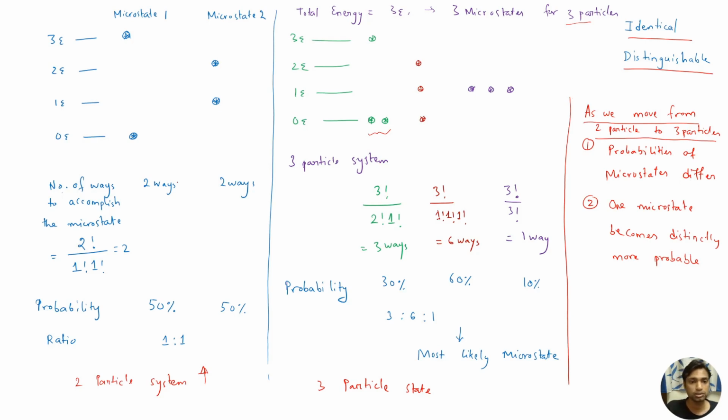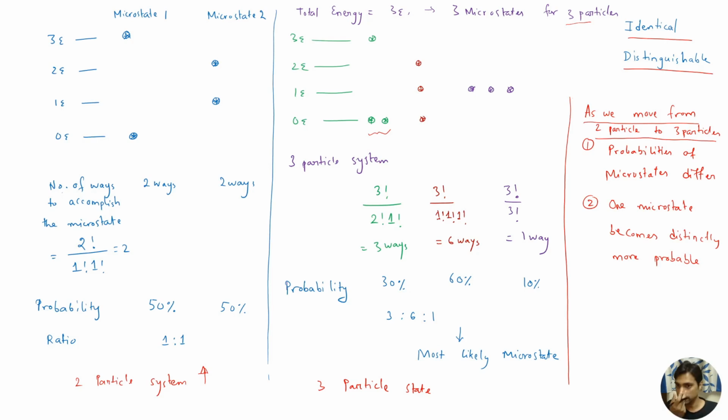Earlier both microstates had the same probability. Now one of the microstates is becoming distinctly more probable. It is 60% probable, and the next one is 30% probable, so it is twice as probable as the next most probable microstate.